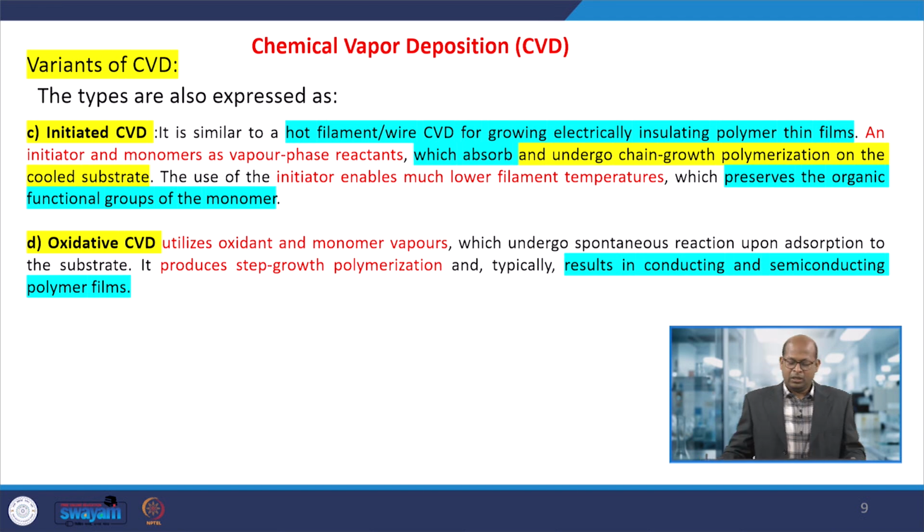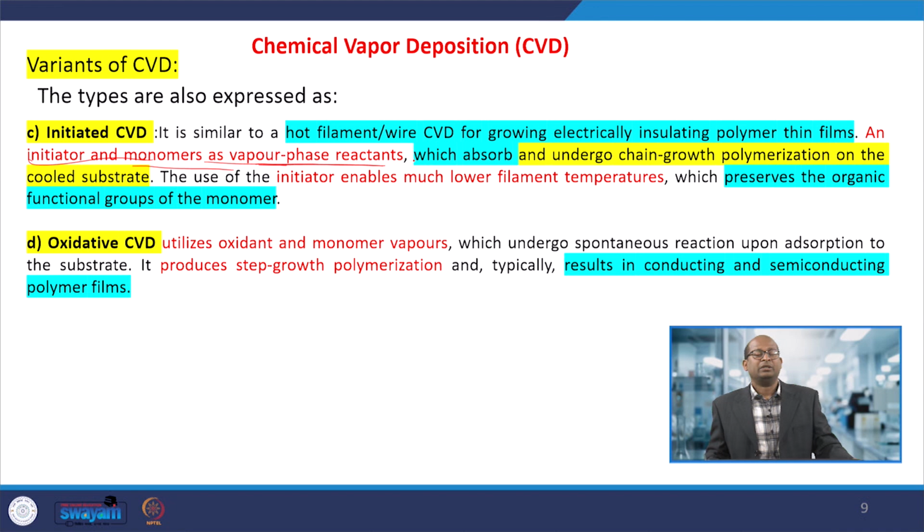It is used to grow electrically insulating polymer thin films, using initiator and monomer vapors in the vapor phase as reactants. These are adsorbed and then undergo chain growth polymerization on the cool substrate. In this way we can prepare thin films of organic materials, and in this process the functional groups present can be preserved. Suppose we take any organic material or polymer, we have taken monomers.